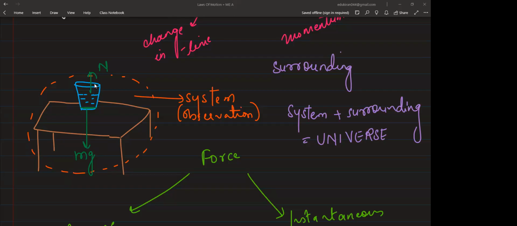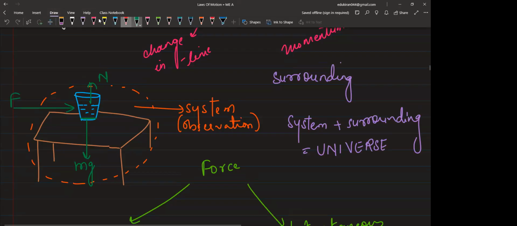Suppose this is normal reaction upwards, downwards is the gravitational force. And let's say I am pushing this glass on the table. So these are the forces which are acting.